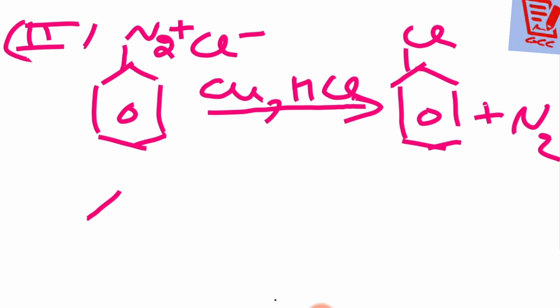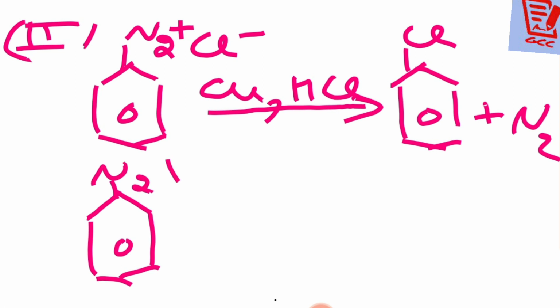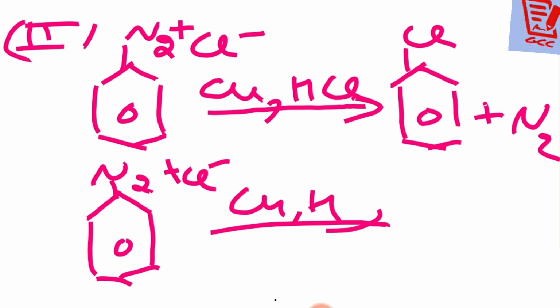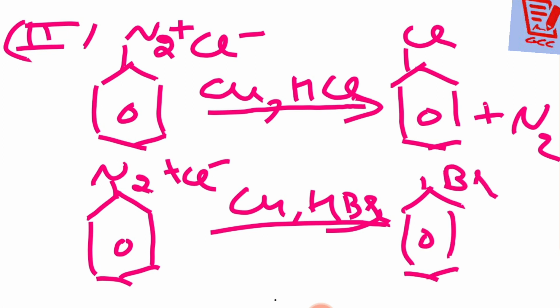But if you are using N2+ Cl- with copper, comma HBr, here you will get bromobenzene. Is that clear? This is called the Gattermann reaction, and student, just remember these two reactions are very, very important.